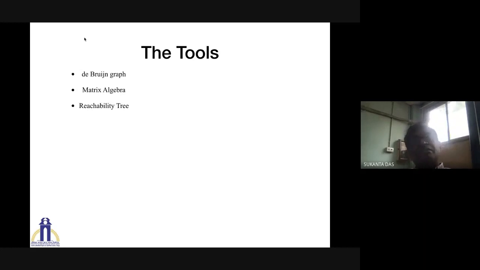Till date, three characterization tools have been studied widely. These three characterization tools are the de Bruijn graph, matrix algebra, and reachability tree.